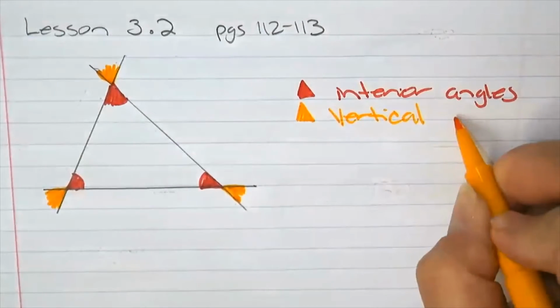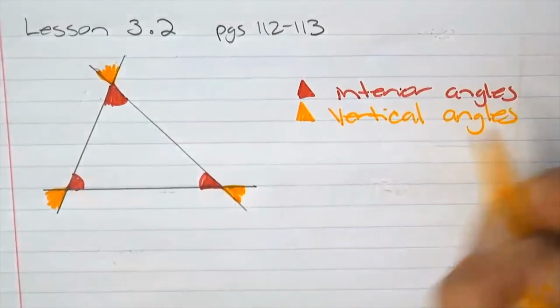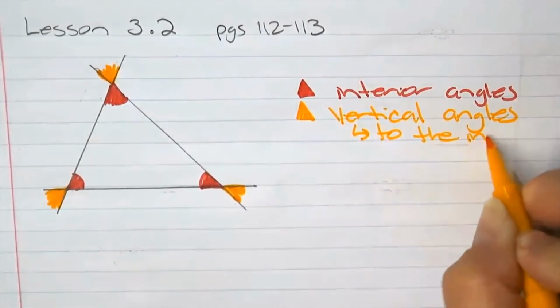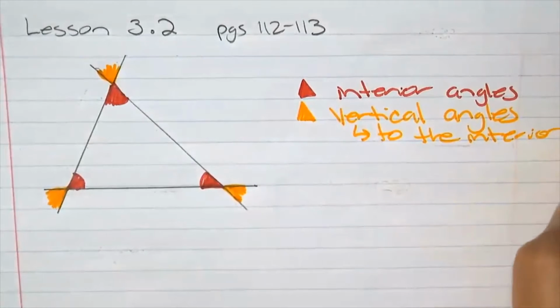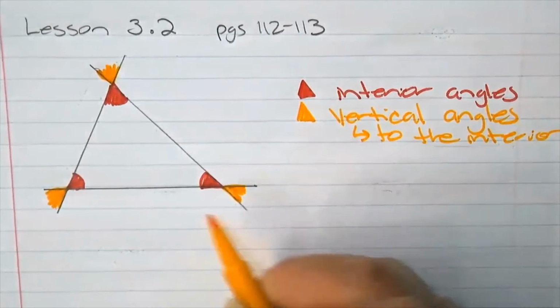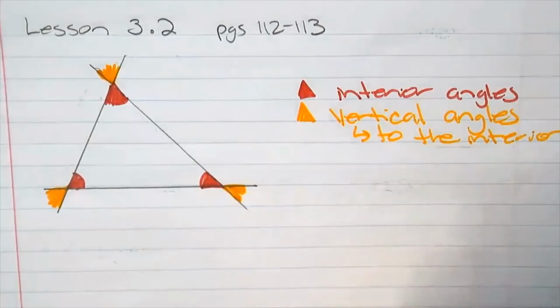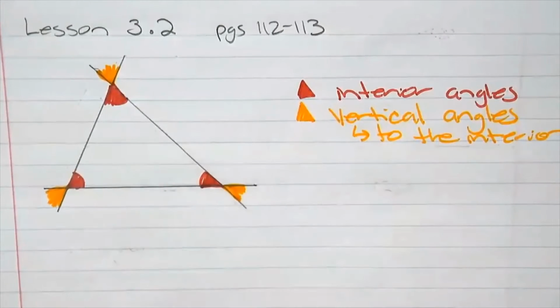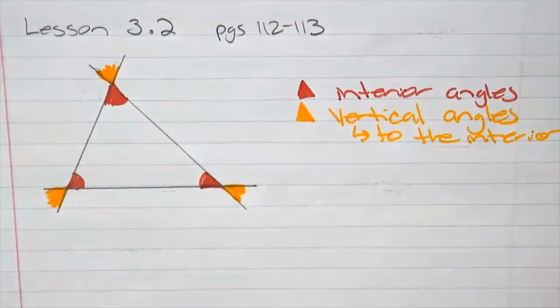These are vertical angles. They are vertical to the interior angles. So that means they're congruent, right? These vertical angles are congruent with the interior angles.